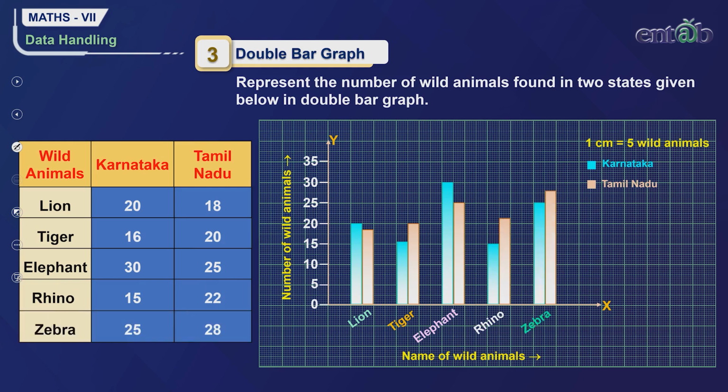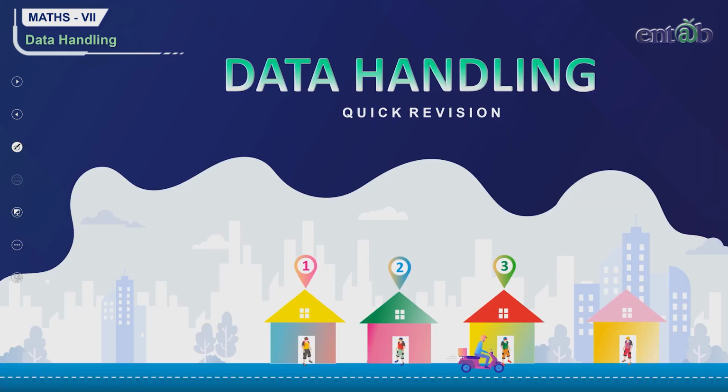And we can easily make out using this double bar graph that in Karnataka the number of elephants found is the most and the number of rhinos found is the least. In the same way, in Tamil Nadu, the number of zebras found is the most and the number of lions found is the least. So, we can easily compare data using a double bar graph.